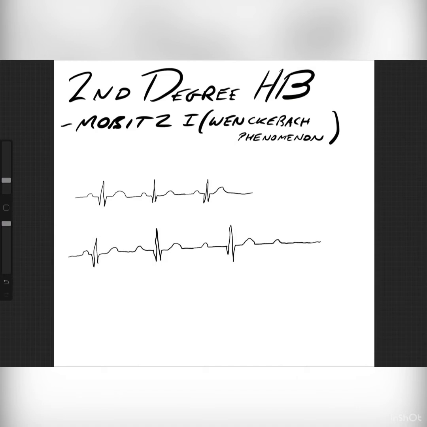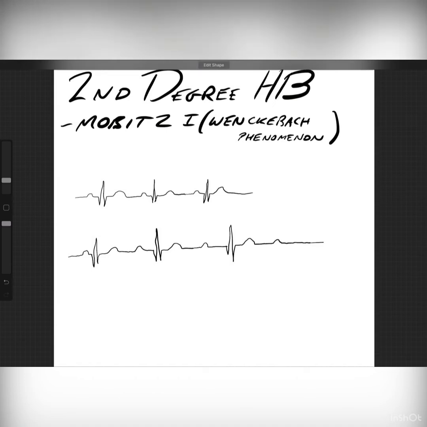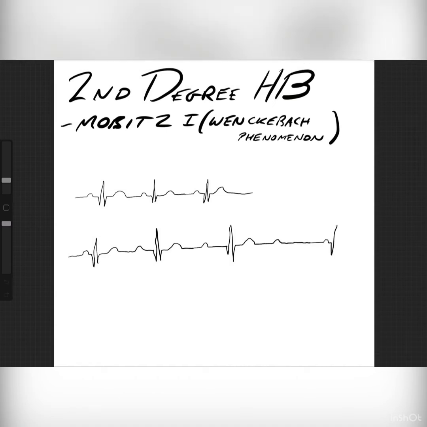So we get no QRS complex, and then we get a P wave again, normal PR interval usually, QRST, and then this sort of pattern will repeat itself. So the PR interval gets longer and longer and longer until the beat is just completely dropped.